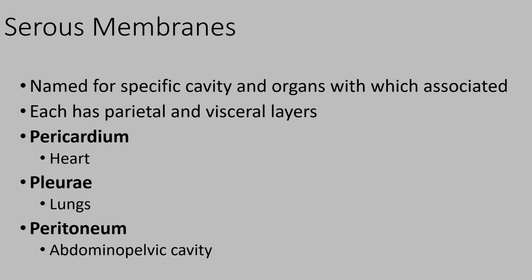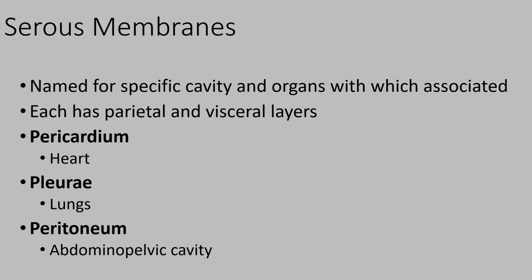And if it's going to be covering all these different organs, we can be more specific with where we are talking about. So the serous membranes are named for the specific cavity and organs with which they are associated or which they surround. Each one of them has both a parietal and a visceral layer.